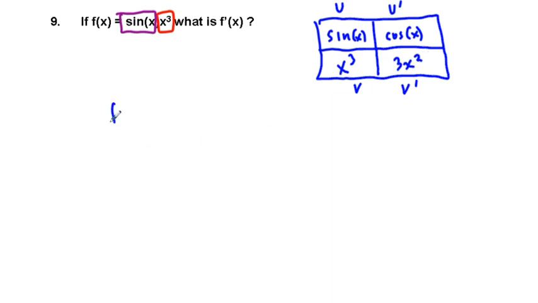So f prime of x is going to be 3x squared sine x, and then plus x cubed cosine x. And that's really all there is to it. We could factor out x squared from both of these terms, but we'll just leave it like that.